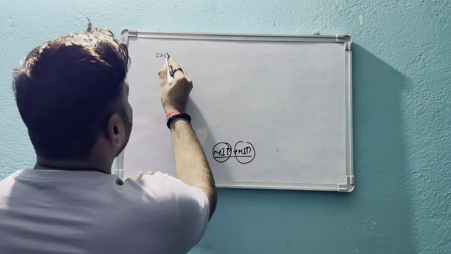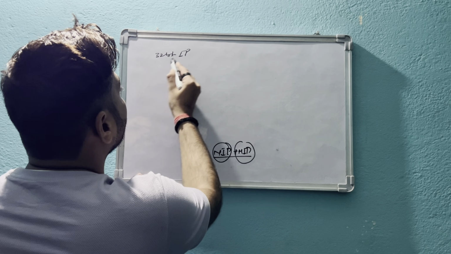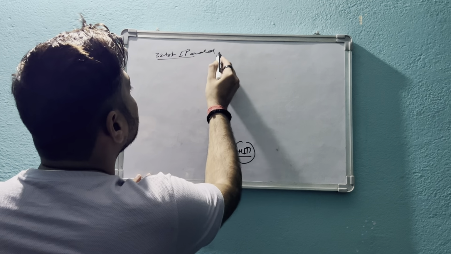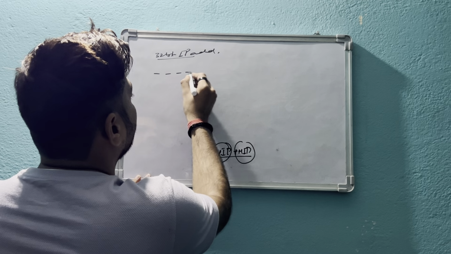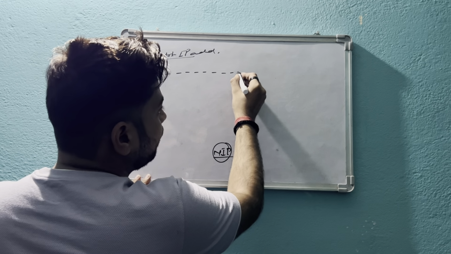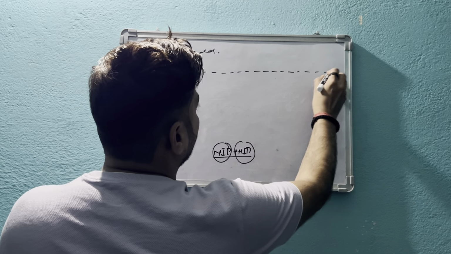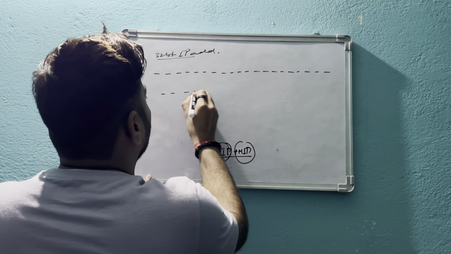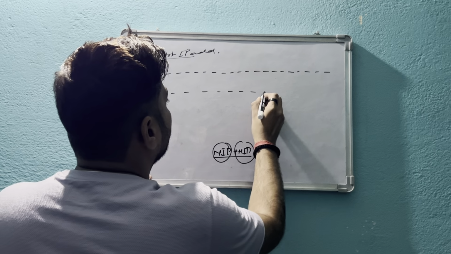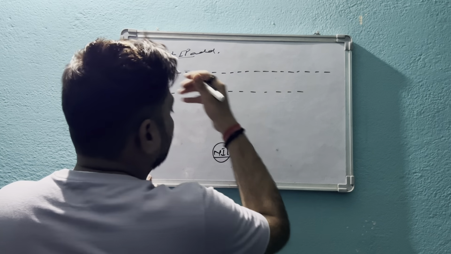Since we have 32 bits of IP address, that is 1, 2, 3, up to 32.